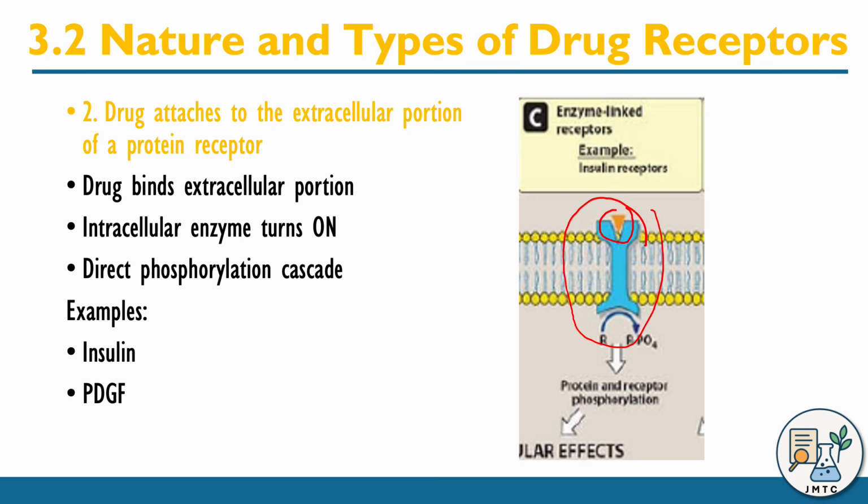So, simply, it will bind sa portion na yon and then parang may switch tayo that an intracellular enzyme turns on. Tapos magkakaroon na tayo ng direct phosphorylation cascade inside. So magkakaroon na ng intracellular effect. Examples of these ones are insulin and PDGF. PDGF, your platelet-derived growth factor.